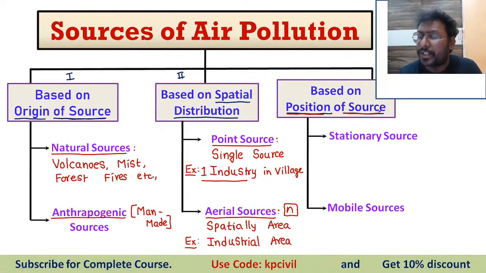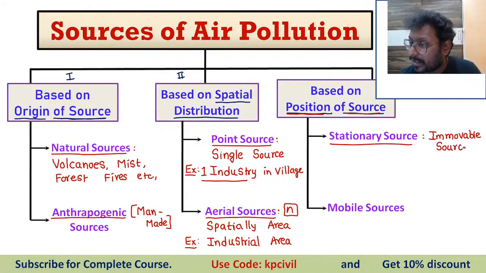Depending upon the location, position of the source: stationary, the name itself says, immovable source, static. The source always causes air pollution from a single static location. Immovable source, static location, not moving anywhere.